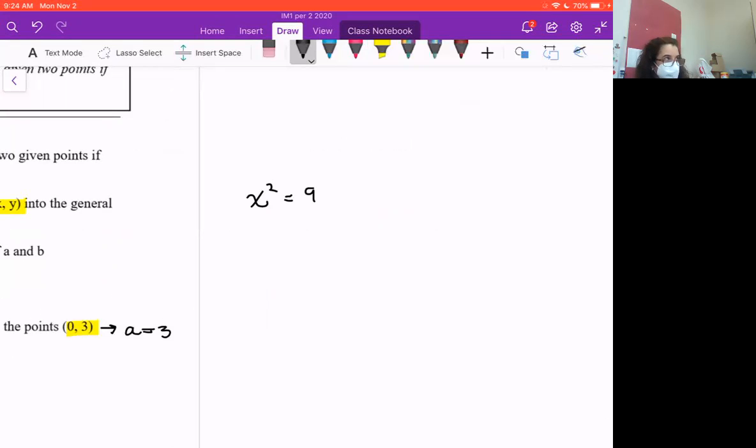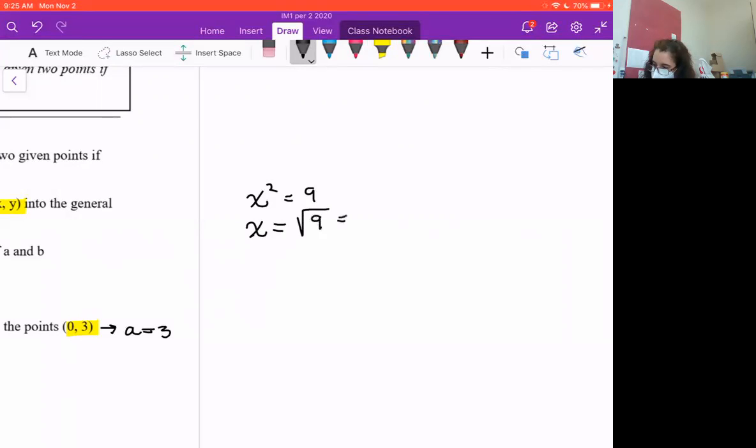You can probably tell me that the answer is 3. But mathematically, what do we do to the 9 to get the 3? Nope. What's that symbol?